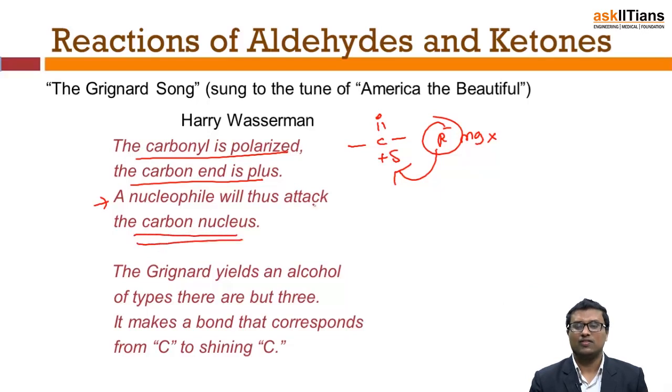So the nucleophile does attack the carbon nucleus. The Grignard yields an alcohol of types 1, 2 or 3. That means three alcohols are possible. It makes a bond from C to the shining C. Why shining C? Because now this C has an alcohol. So this is one of the Grignard songs, which tells us what exactly happens in the reaction of your aldehyde or ketone with your Grignard reagent.